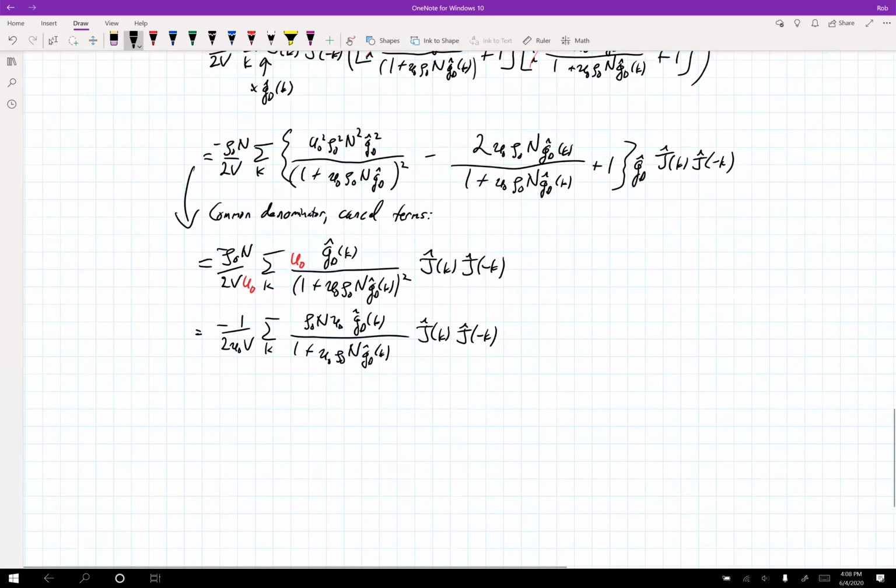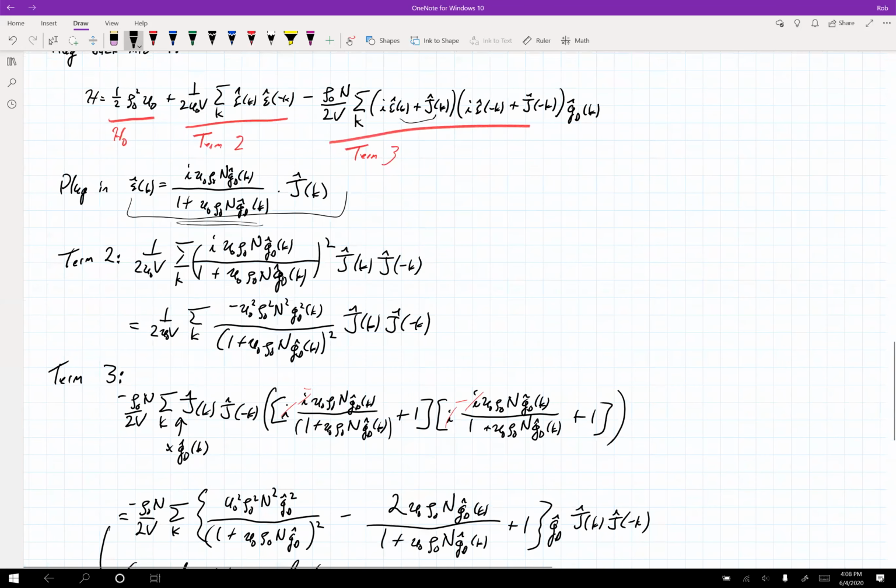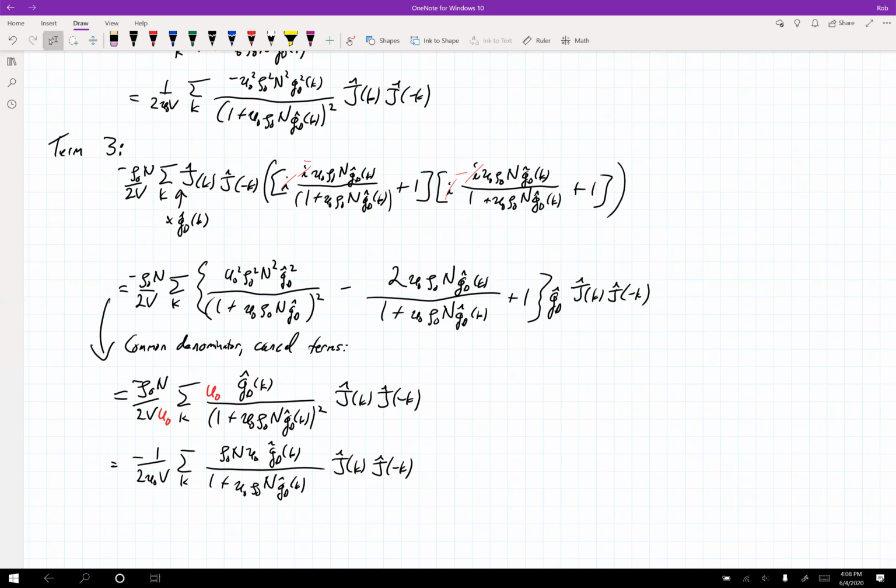So let's scroll back up and see what we left our term 2 as. The denominator we can see here is common between the two. Oh, right. Okay.